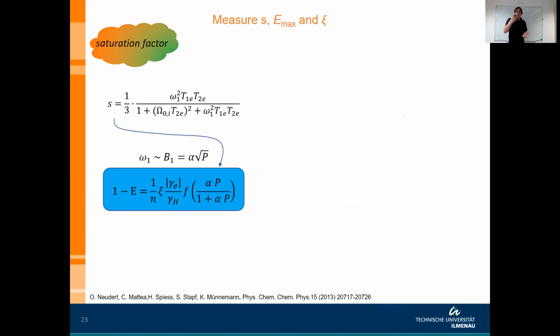Then if we put this in the equation, we can write the enhancement factor in the way that is highlighted here in blue. And you can then try to measure the enhancements at different powers with a certain concentration, fixing the other two factors, the coupling factor and the leakage factor.